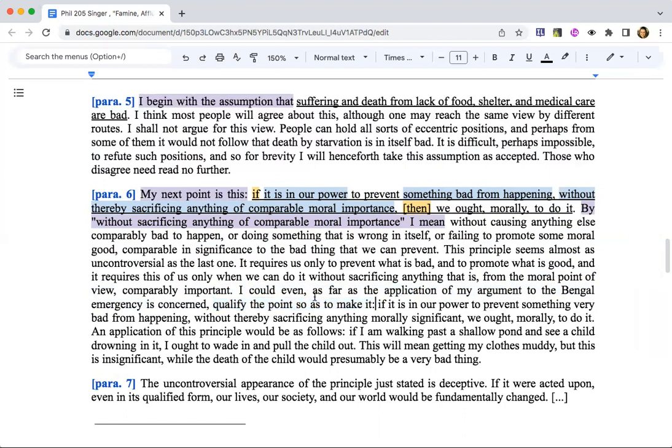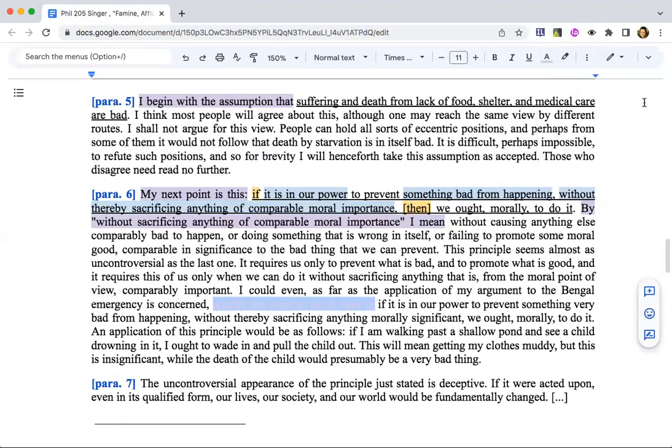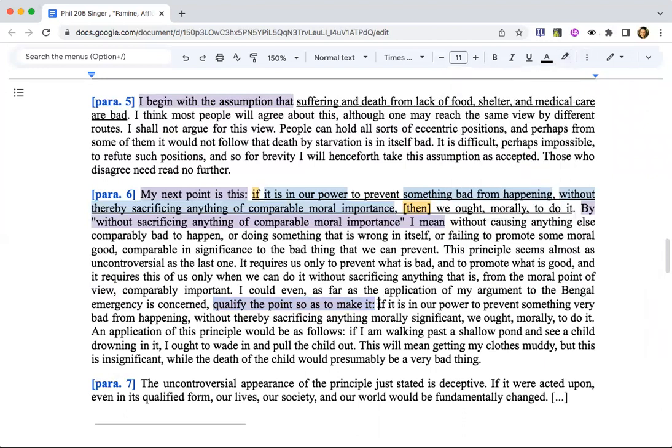Let's highlight this. Here's a qualified version of the principle, an alternative principle. If it is in our power to prevent something very bad from happening, without thereby sacrificing anything morally significant, we ought morally to do it.